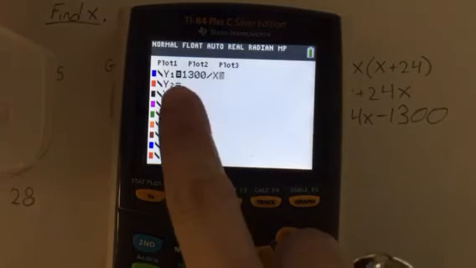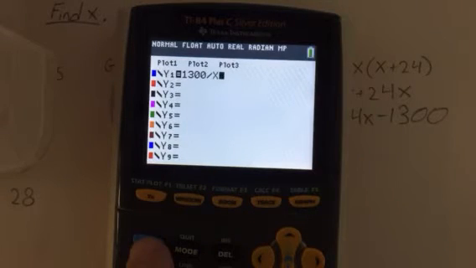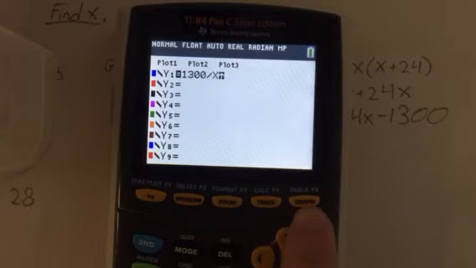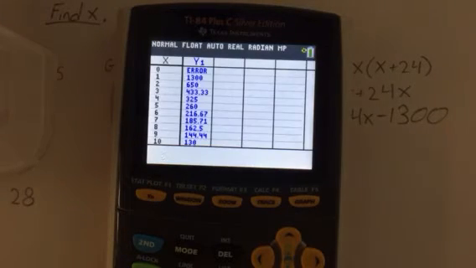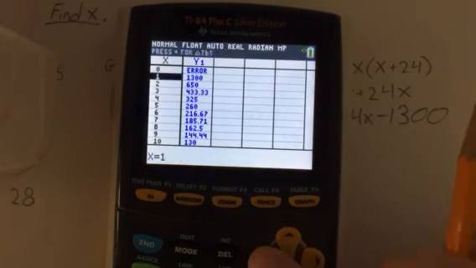So you've got 1300 divided by x, you're gonna hit second, and then table. Okay, so you hit the graph button over here, but it takes you to the table of values. So you can see whole numbers now. It gives you a list of x and y that multiply to give you 1300, like 2 and 650, right? Or 1 and 1300.